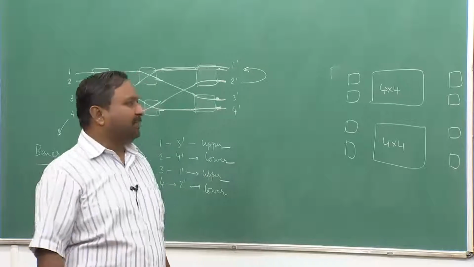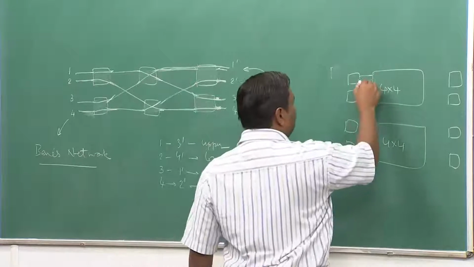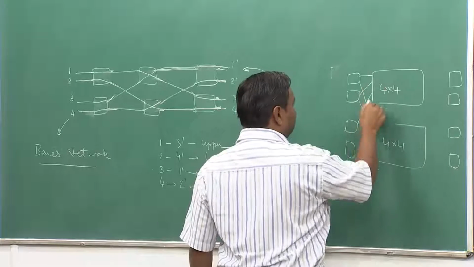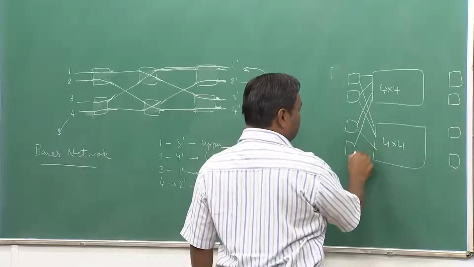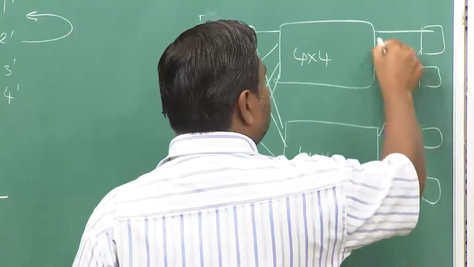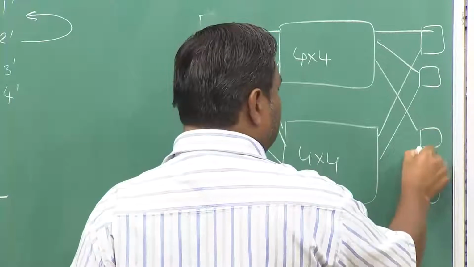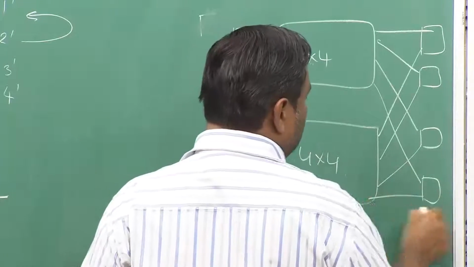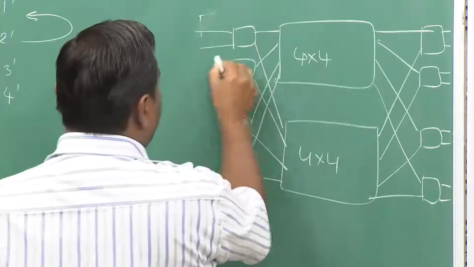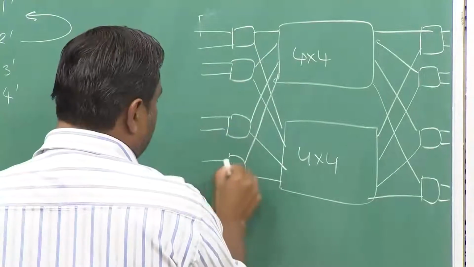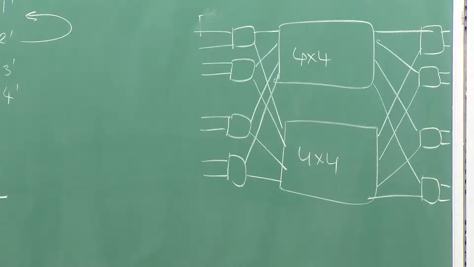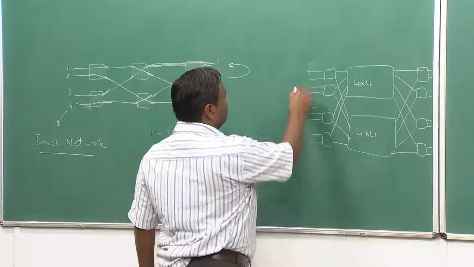So, this becomes an 8 by 8 switch. So, one goes up, one down, one goes up, one down, one goes up, down. We have got an 8 by 8 switch, and we can do a similar exercise here also.